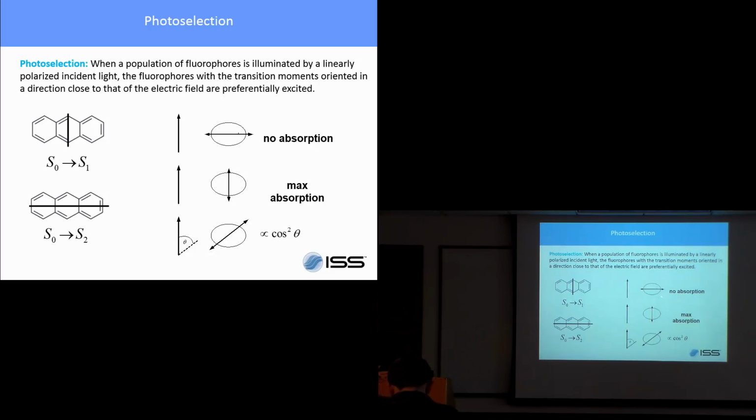If it's not parallel, there is no absorption. So it's as if the molecule would be invisible to light. If they are exactly parallel, there is maximum absorption. If the molecule is rotated by a certain angle, the probability goes like the square of the cosine of the angle.